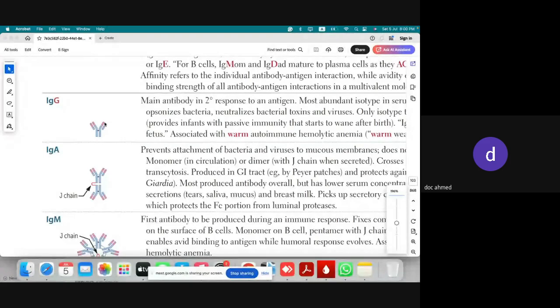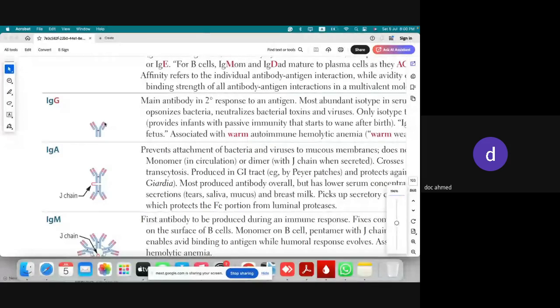The cold autoimmune hemolytic anemia is seen in the peripheries, the extremities, the hands and the feet, while the warm one is more central, because you can simply imagine that the peripheries are cold while your central body is hot.